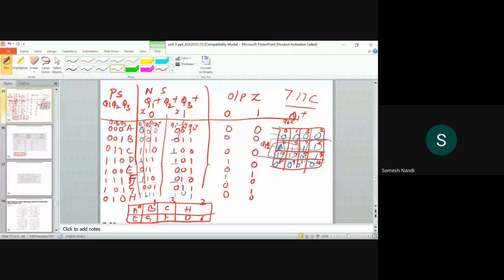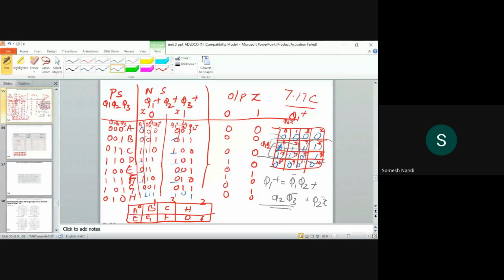Okay. So you will get some expression. What would be the expression? I think you all know how to write this expression. So Q1 plus equal to Q1 bar Q2 plus Q2 Q3 bar plus Q2 X bar. So after applying the state assignment rule, this is the expression what you have got.